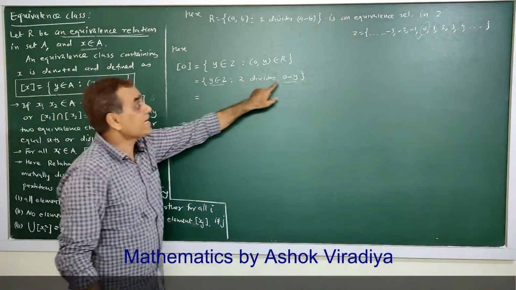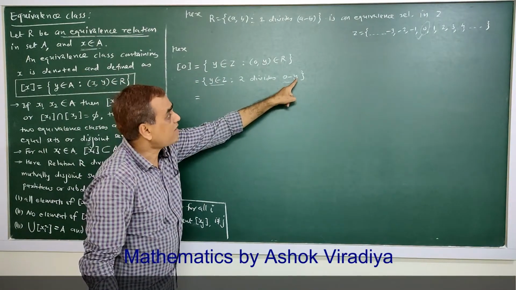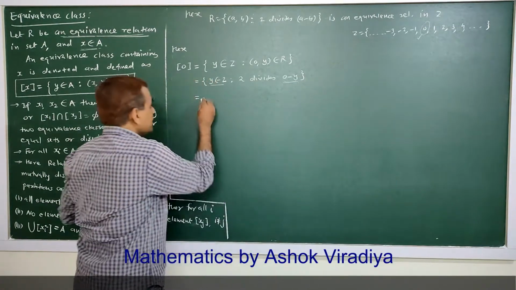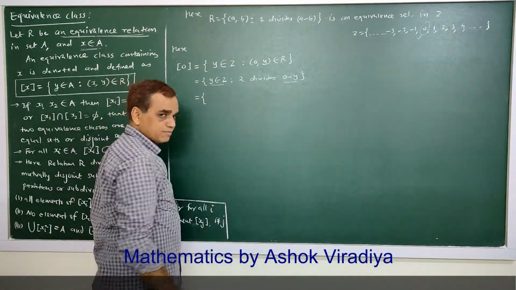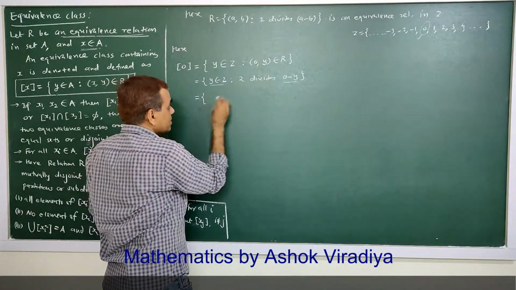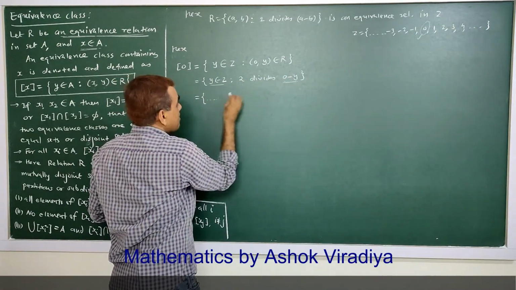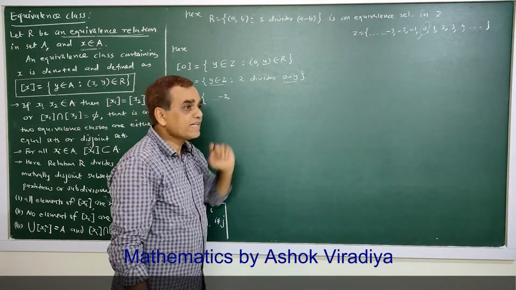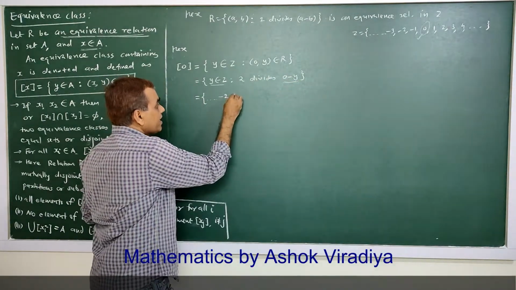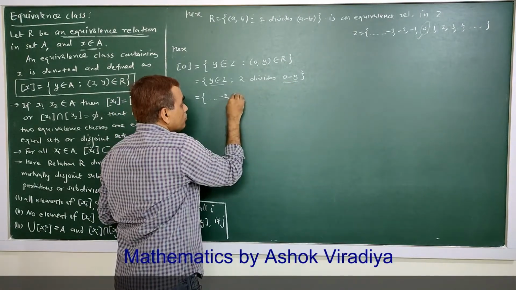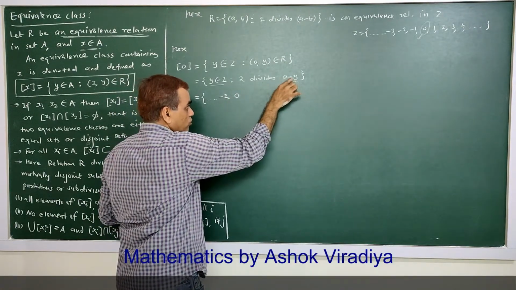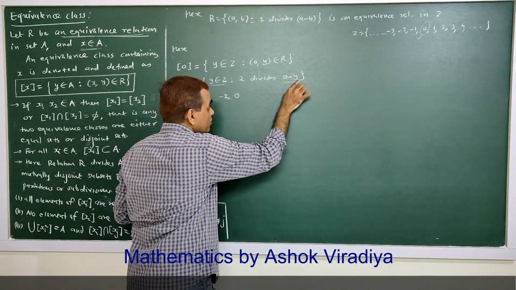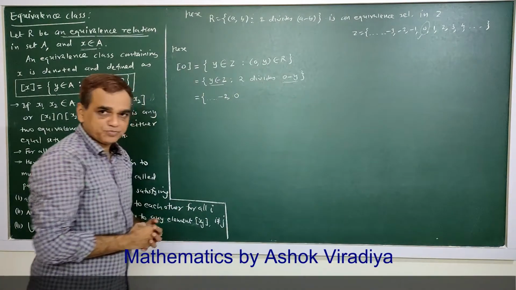Now when 2 divides minus y, y is even. So from this Z, if we take even numbers, say minus 2, then 2 divides minus of minus 2. If I take y equal to 0, 0 minus 0 is also divisible by 2.